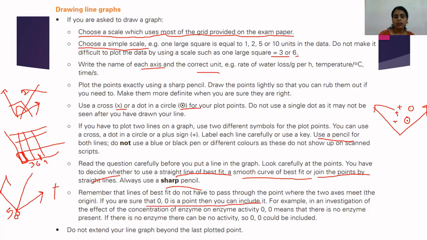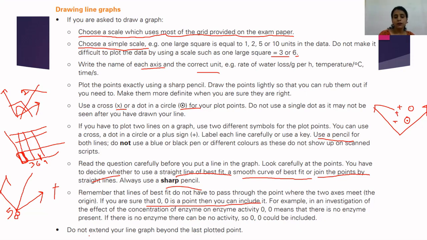For example, in an investigation of the effect of the concentration of enzyme on enzyme activity, 0, 0 means there is no enzyme present. If there is no enzyme present, there can be no activity. So 0, 0 could be included.